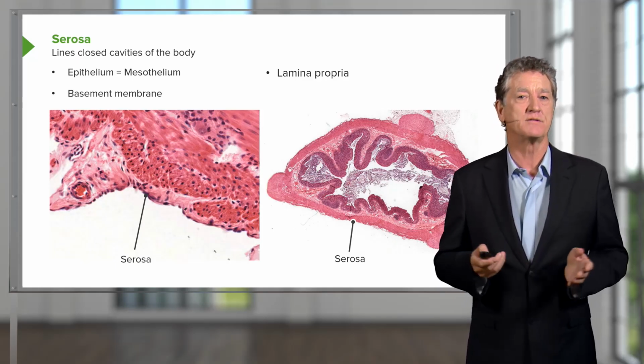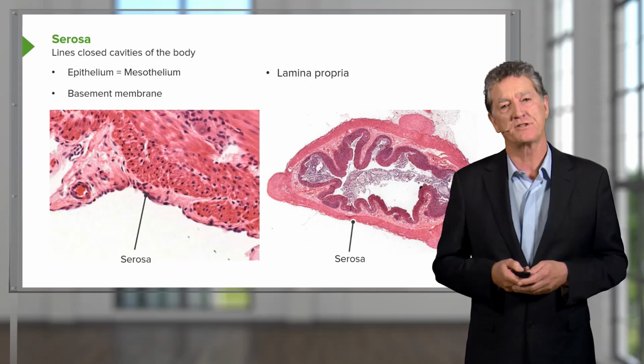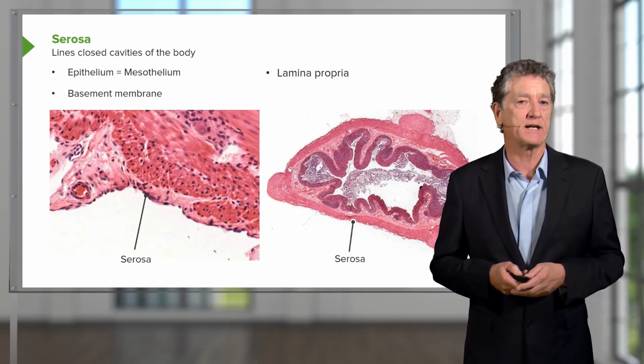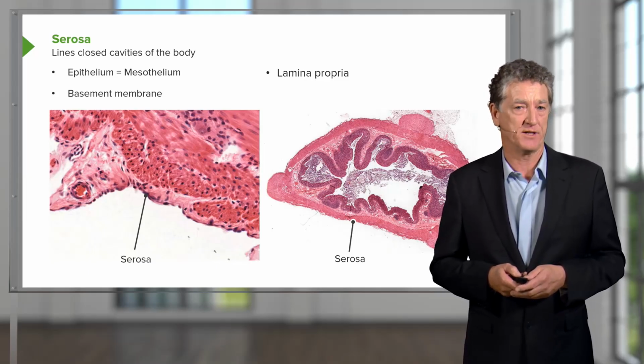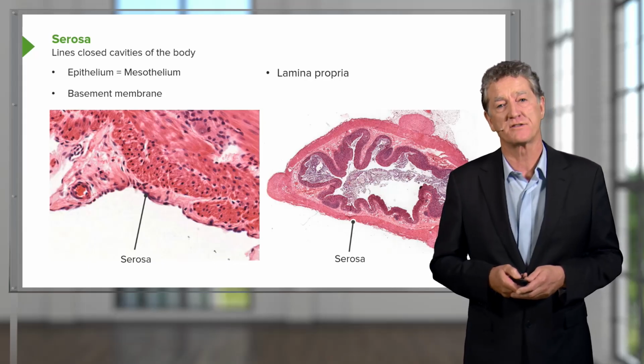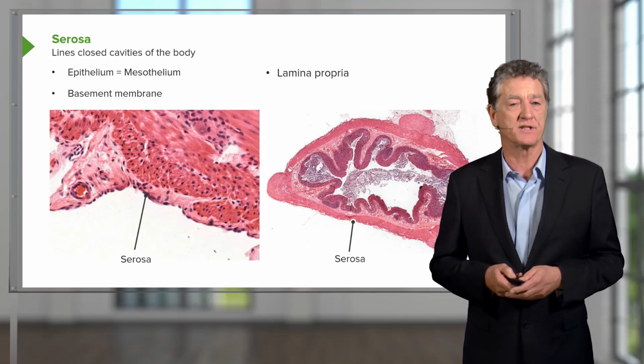The lungs increasing and decreasing during breathing. The pumping of the heart inside the pericardial cavity requires a friction-free environment, a surface that's lubricated by these serous secreting membranes or cells.